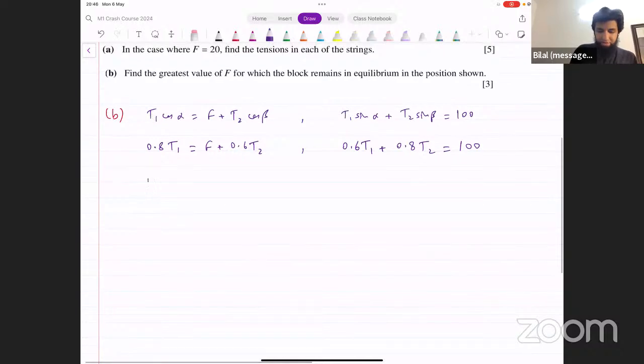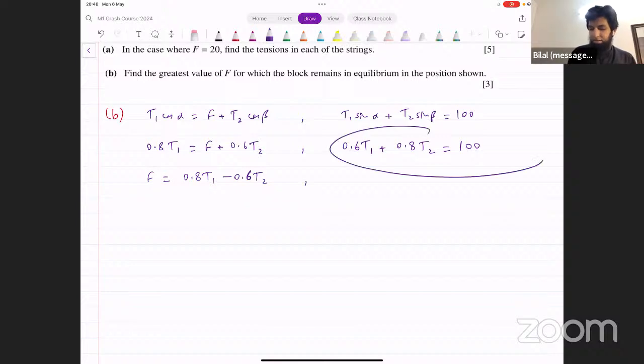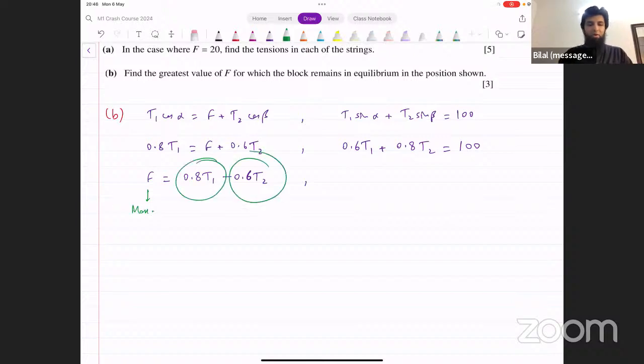Let's make F the subject here. If we make F the subject, that means F equals 0.8 T1 minus 0.6 T2, and this is the other equation that we've got. Now, F needs to be maximum. How can we maximize the value of F?